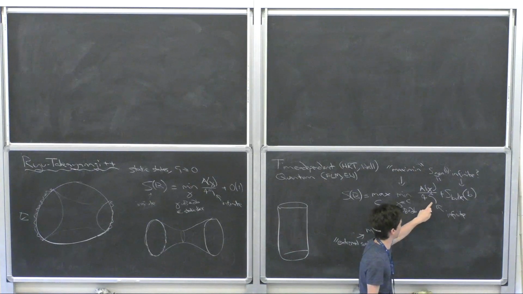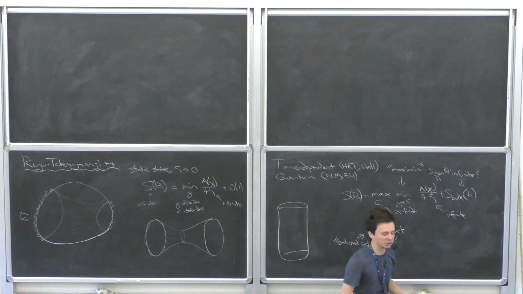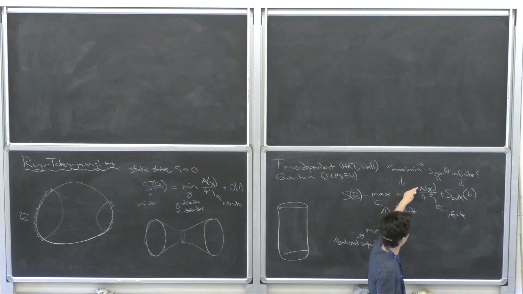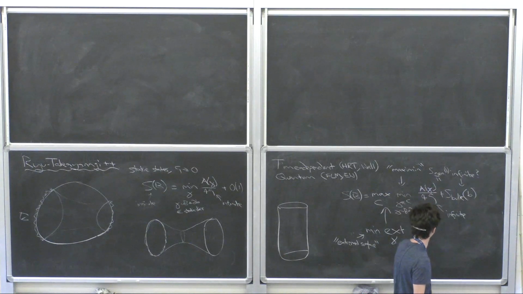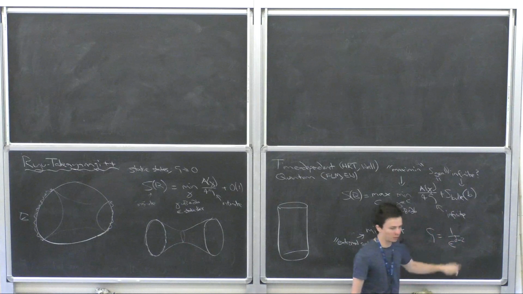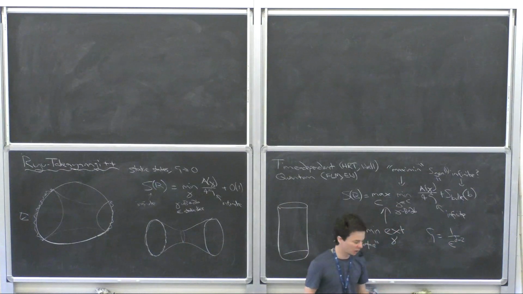And G has some renormalization, so you get some polynomial divergence in the cutoff scale, but we have area on the top. So by units, the leading divergence in G has to be order 1 over epsilon to the d minus 2, where epsilon is some cutoff length scale that's going to 0.